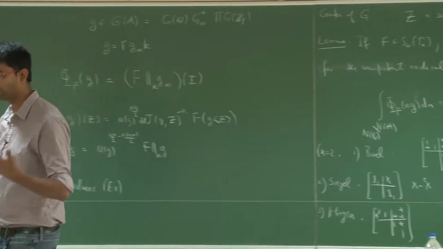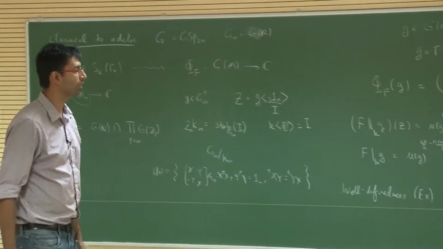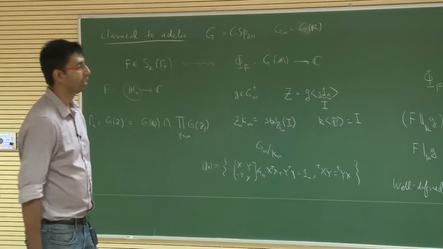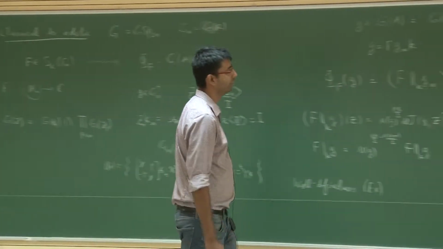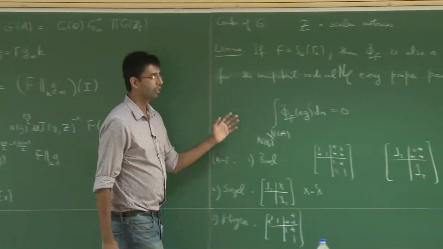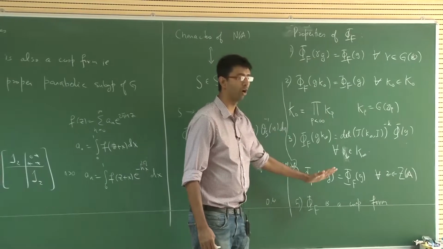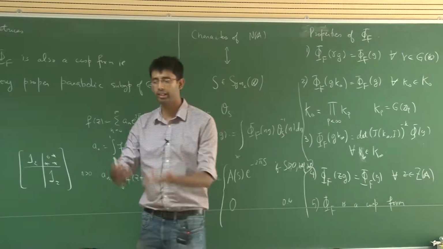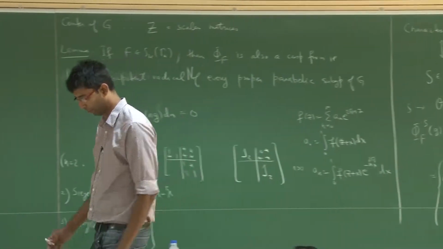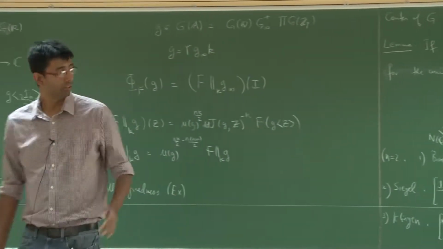Those four properties are, by the way, true for any Siegel modular form, nothing about cuspidal, but as soon as you assume cuspidal, you can show that your function on G(A) also satisfies the definition of being cuspidal, namely the integral over every unipotent radical is 0. So the going is very good so far, because we are getting exactly all the things that we actually need to create cuspidal automorphic representations. Okay, so this is the story so far.